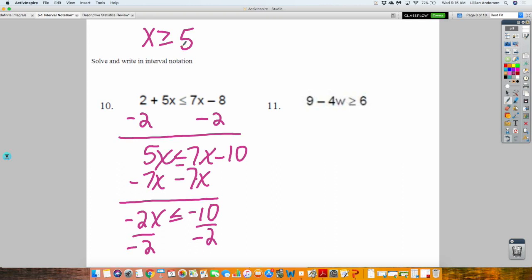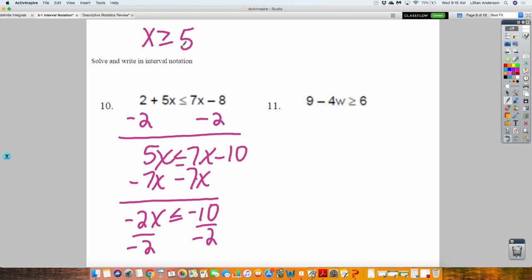And now we can take that answer and write it in interval notation. You guys showed me that you can do this. So write this answer in interval notation. So x is greater than or equal to 5.